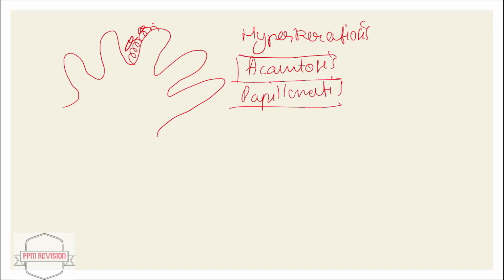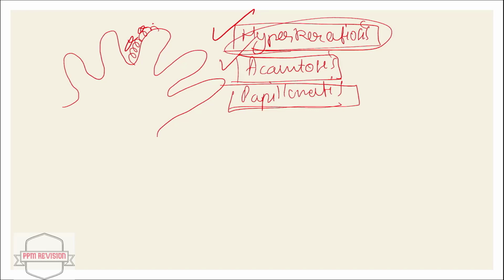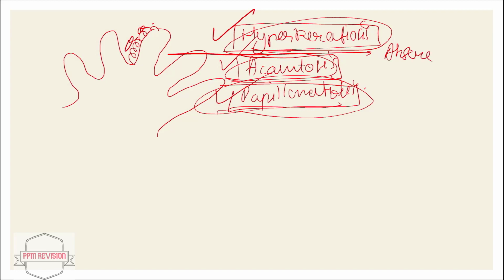These are some terms which we need to know, so just memorize these terms: hyperkeratosis, acanthosis, as well as papillomatosis. And there's also absence of vacuolated cells.